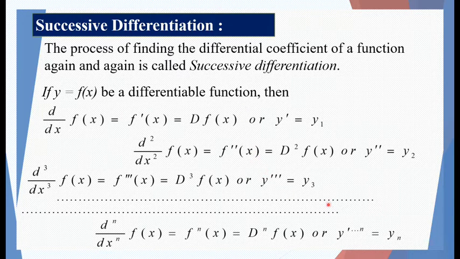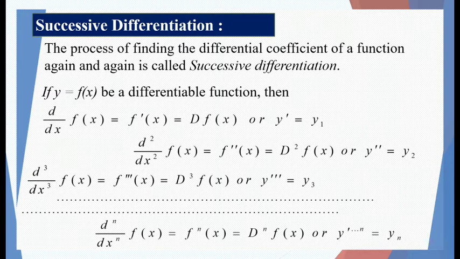So this is how we can find the derivative of a function successively. If we have to find the fifth derivative of a function, we first find the first derivative, then the second, then the third, then the fourth, and then the fifth.